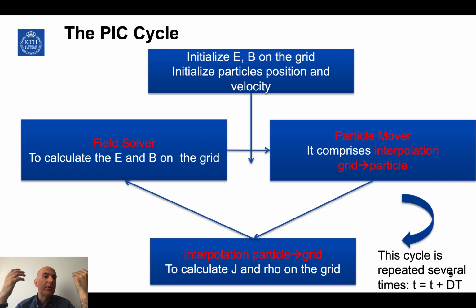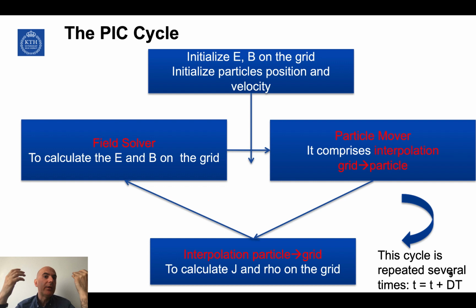We also do this operation to go from a continuous description of the distribution function to a discrete representation using computational particles. So we assume that, for instance, the initial distribution is Maxwellian, and then we sample these Maxwellians with a bunch of particles with a given mass ratio, with a given velocity that is sampled with the distribution function, and with a given space distribution. So for instance, in many cases we assume that the distribution is uniform in space.